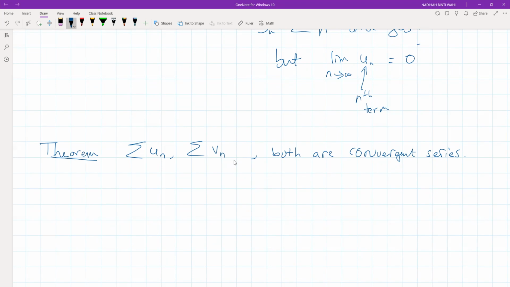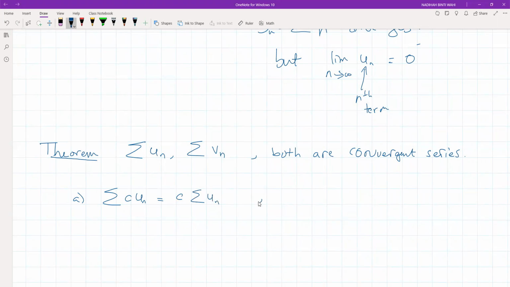And if you want to do some arithmetic calculation, let's say if you have the summation of c times u of n, you can take c out of the summation of u of n.